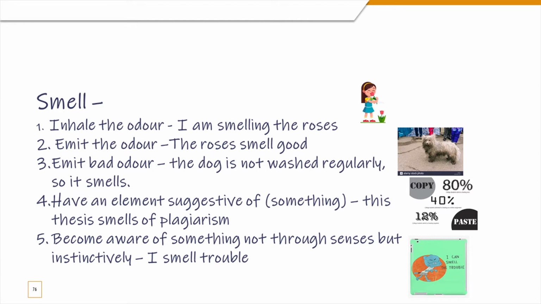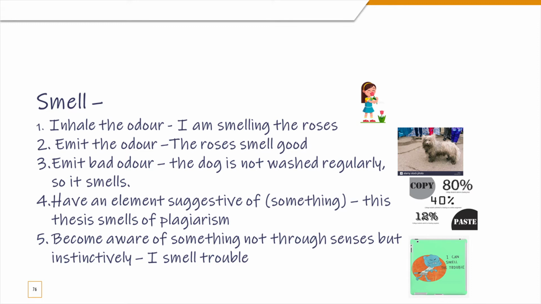And next one is you become aware of something not through senses but instinctively. It's not through the sense of smell definitely, but you have a feeling. Like, looking at the turn of events, you can easily understand that there is something wrong going to happen. Maybe by the way someone behaves. So you can say I smell trouble.